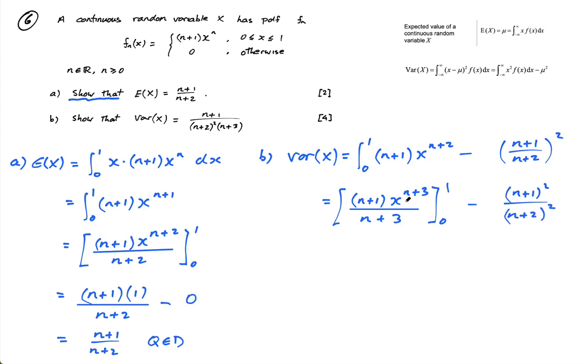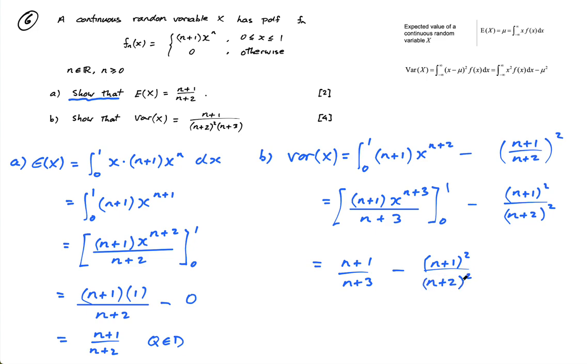Don't forget your bracket. Okay, sub in the 1, same thing, guys. I'm going to get n plus 1 times 1 over n plus 3, and then I'm going to minus 0, which is obviously nothing again. So I'm just left with n plus 1 over n plus 3, and then I subtract this, n plus 1 squared over n plus 2 squared.